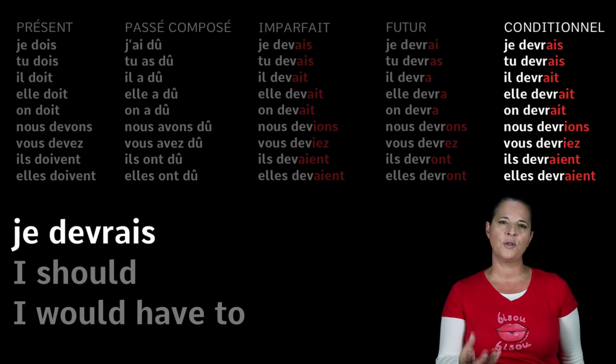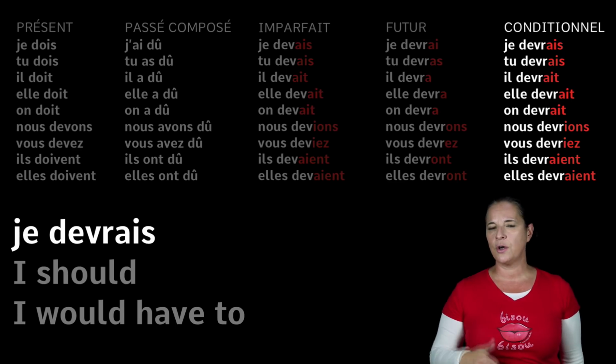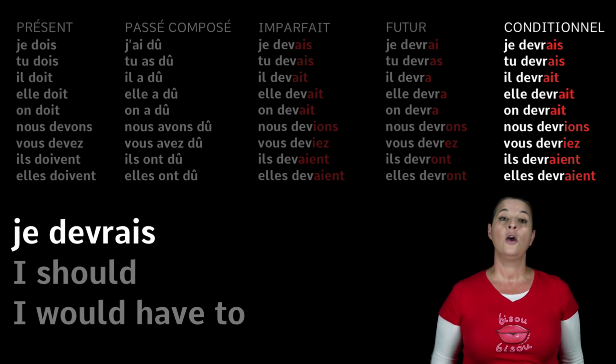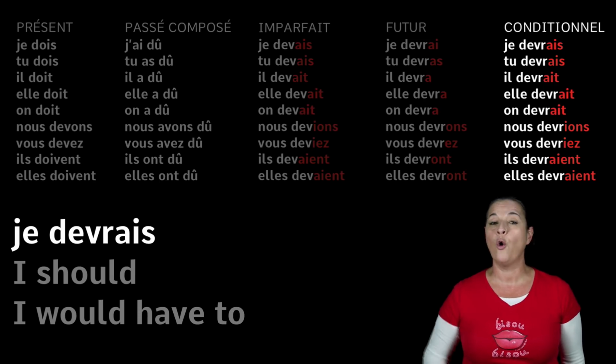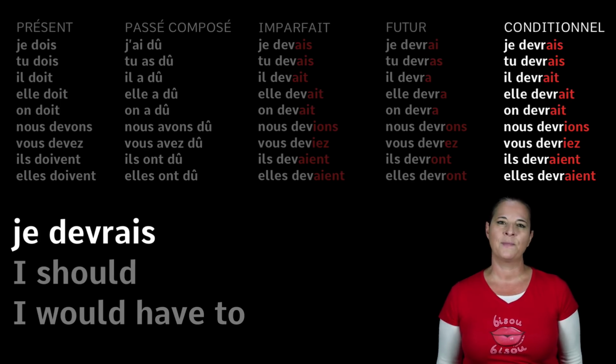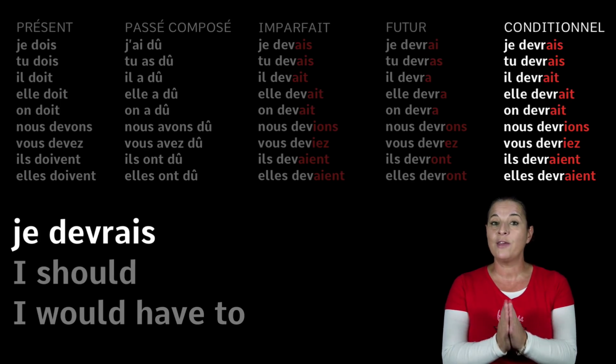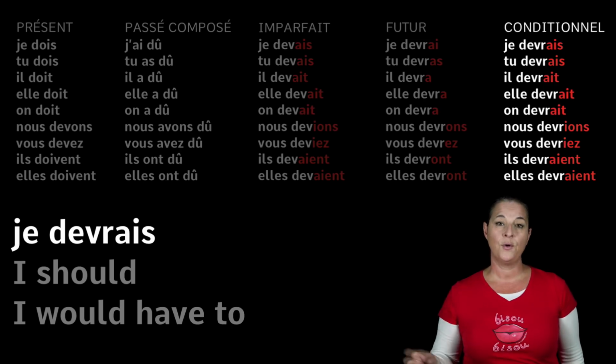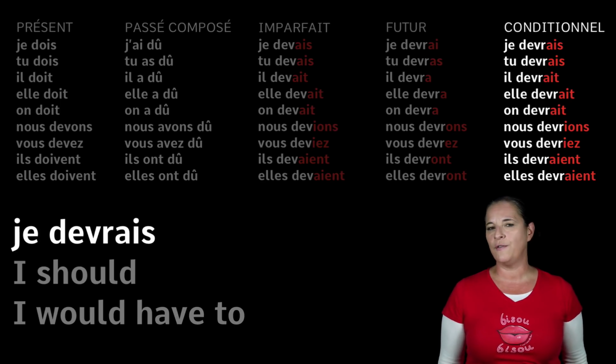But you use this model, I should. Now, should, would, could does not exist in French. So we are using pouvoir, okay, or devoir for should, okay? And then we do it like this. So I would have to, or I should, it's exactly the same, is je devrais.